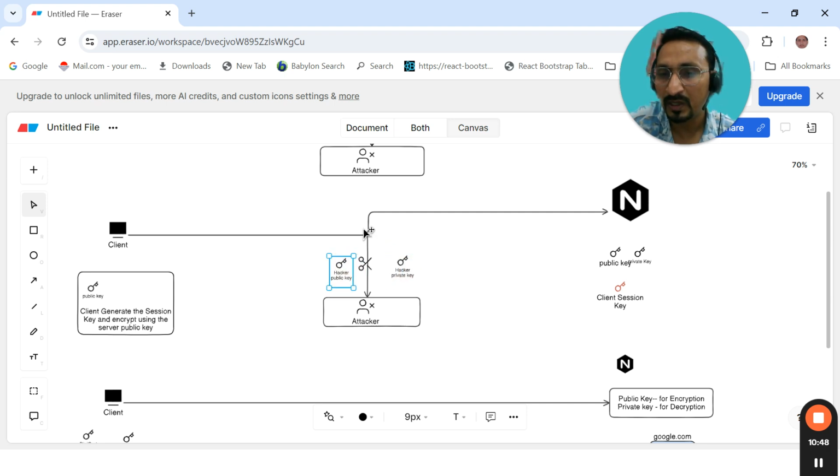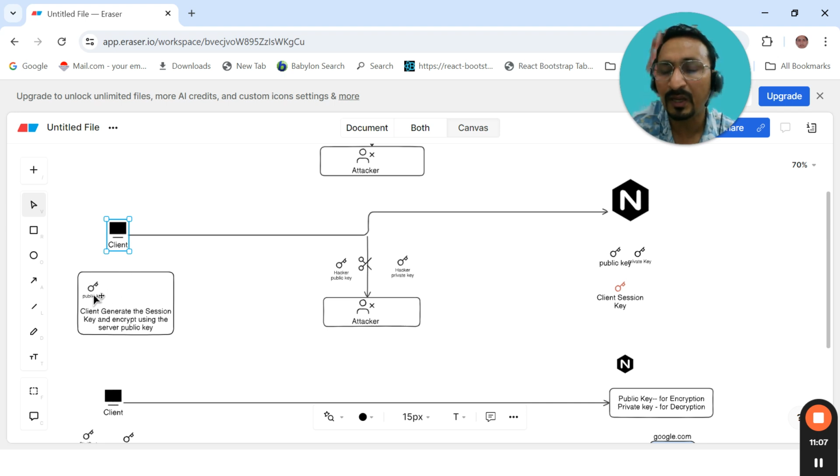The attacker can give its public key to the client. The client does not know where this public key has come from. For the client, it's understood that I requested from the server and the server has shared the public key with me.